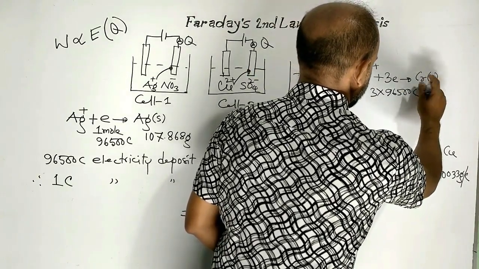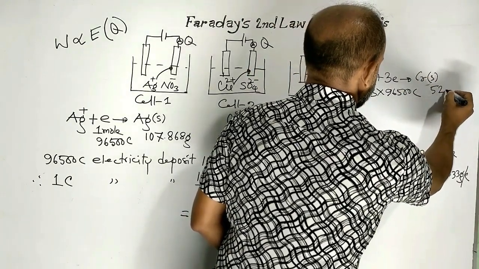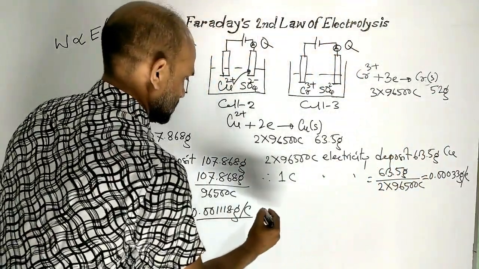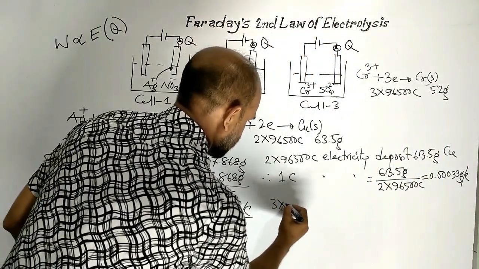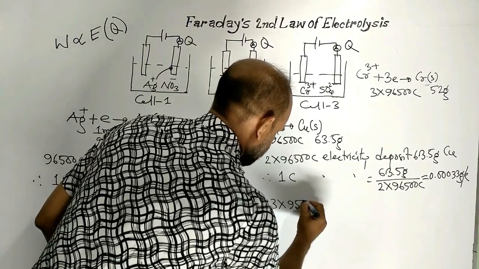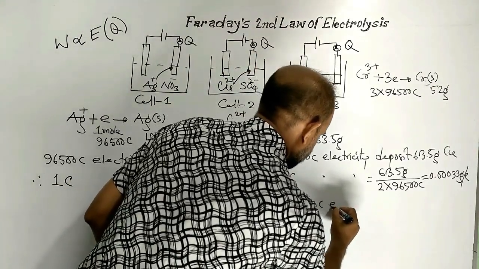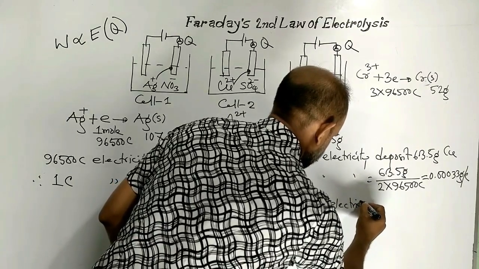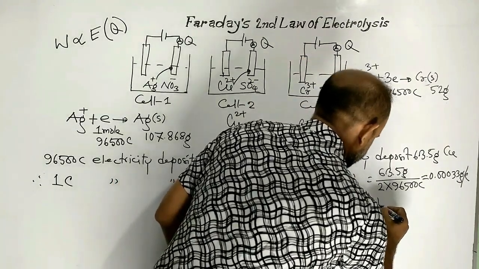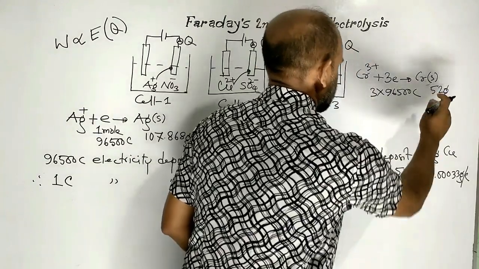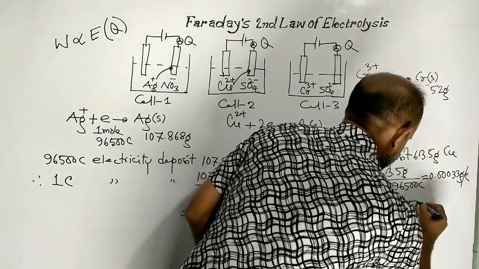Gram atomic mass of chromium approximately 52 gram. Here, 3 times 96,500 coulomb of electricity deposits this gram of chromium.